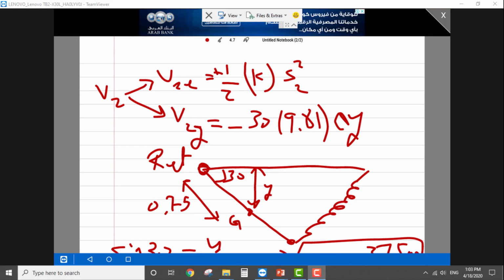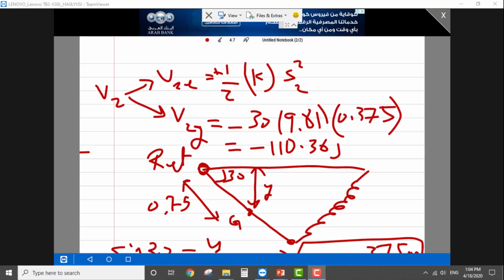So this value I'll substitute upward. Here, still delta y, so let me erase it. Here I'll write 0.375, and this is equal to minus 110.36 joule.